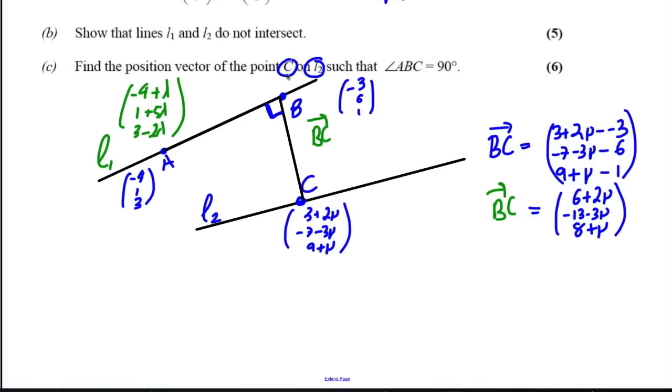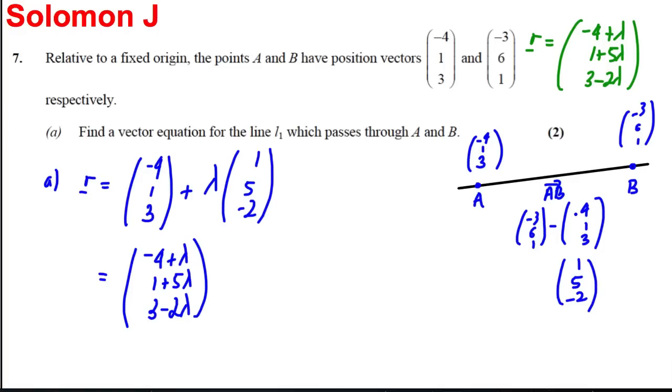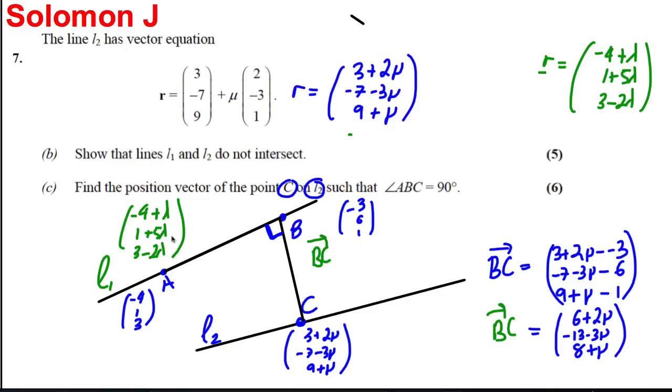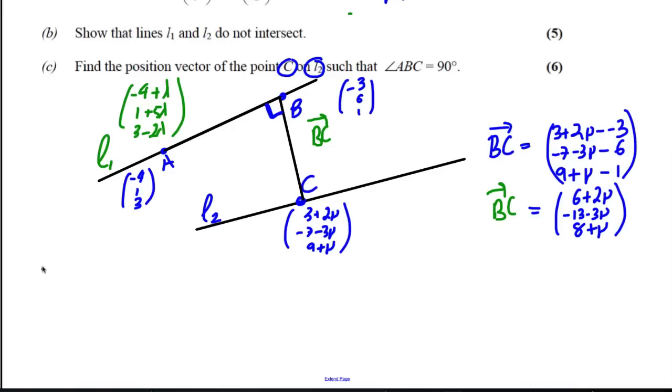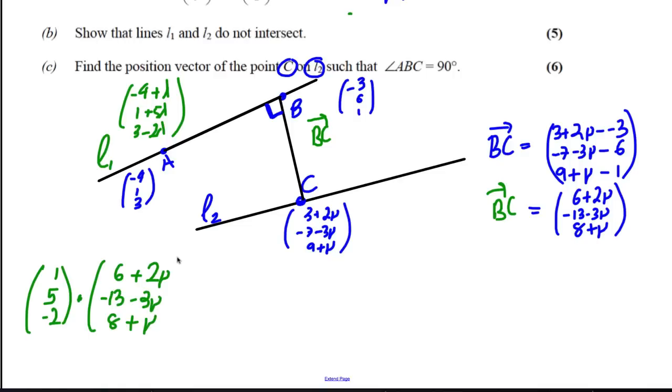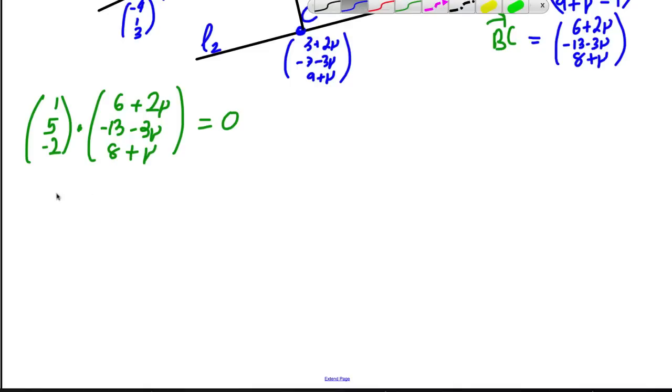Now if I dot that with the direction of this line, I'll get 0, and I'll find the mu that makes that true. So the direction of the line L1 was 1, 5, negative 2. So if we dot 1, 5, negative 2 with this vector BC, which is 6 plus 2 mu, negative 13 subtract 3 mu, and 8 plus mu, for them to be at right angles, I must get 0.